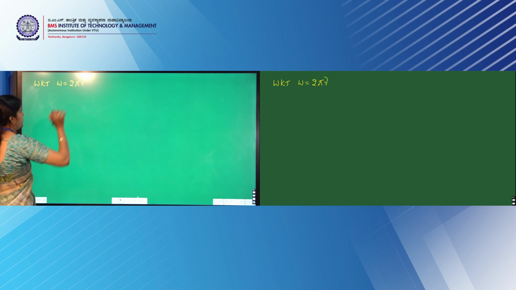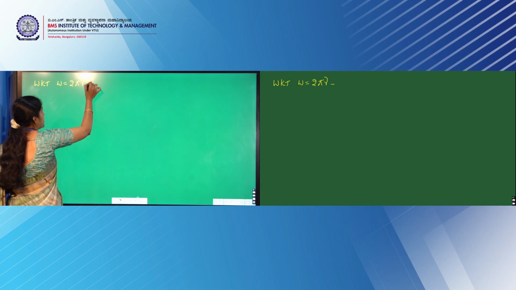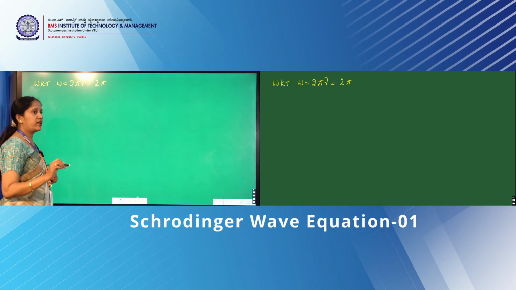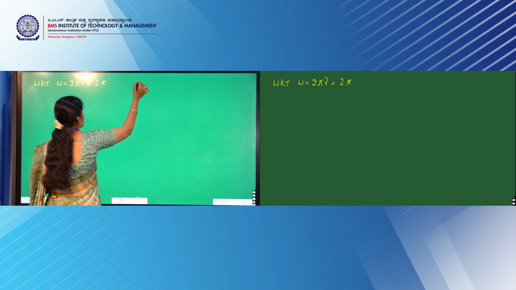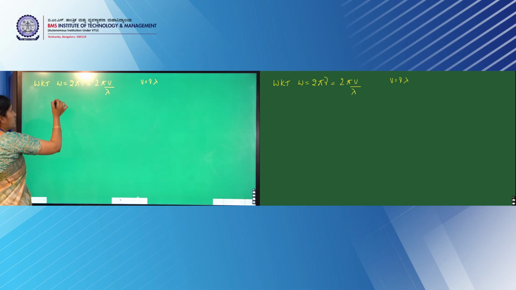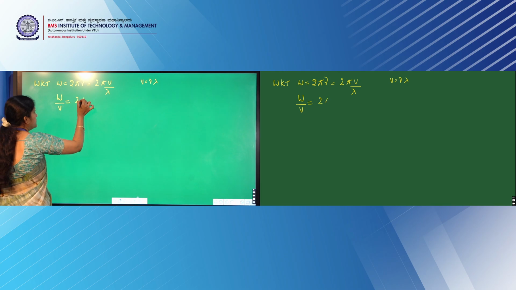We know that omega can be written as the angular frequency in terms of linear frequency. Omega is 2 pi nu, and nu, that is the frequency of the wave, can be written as velocity v by lambda. Now the value of omega by v can be written as 2 pi by lambda.